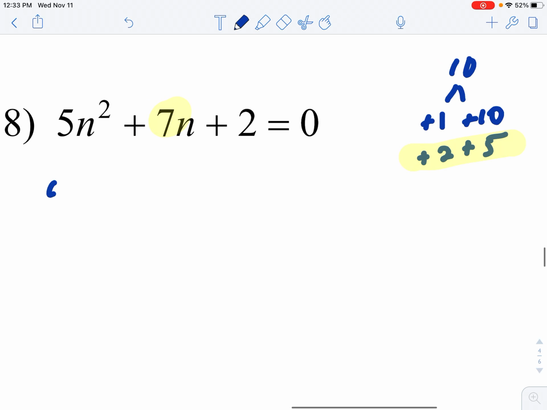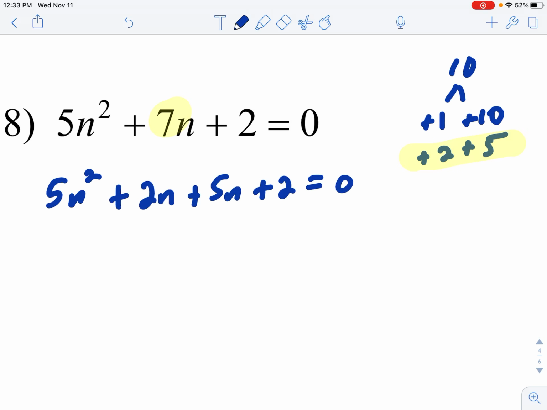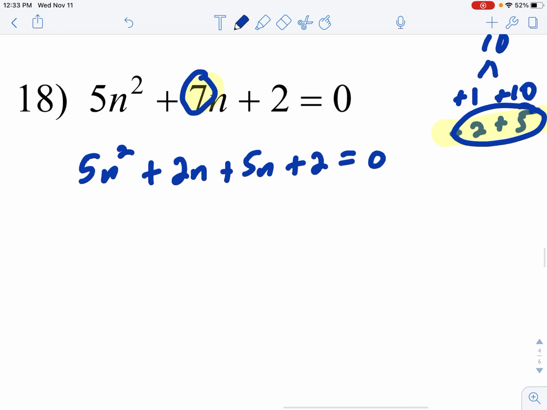So 5n squared plus 2n plus 5n plus 2 equals 0, right? So we split this 7 into 2 and 5, or 7n into 2n and 5n. Now, split this in half. What can you factor out of the first half? An n. That's 5n plus 2.